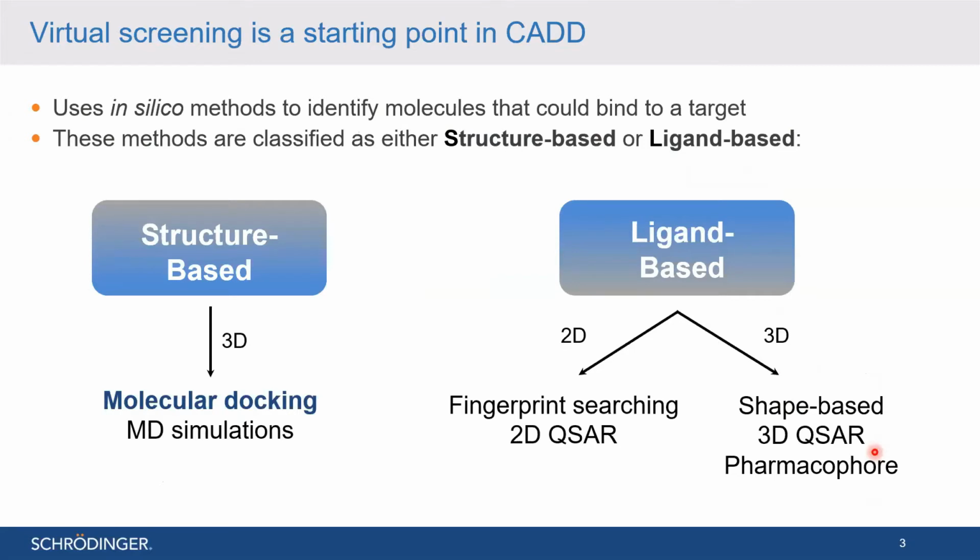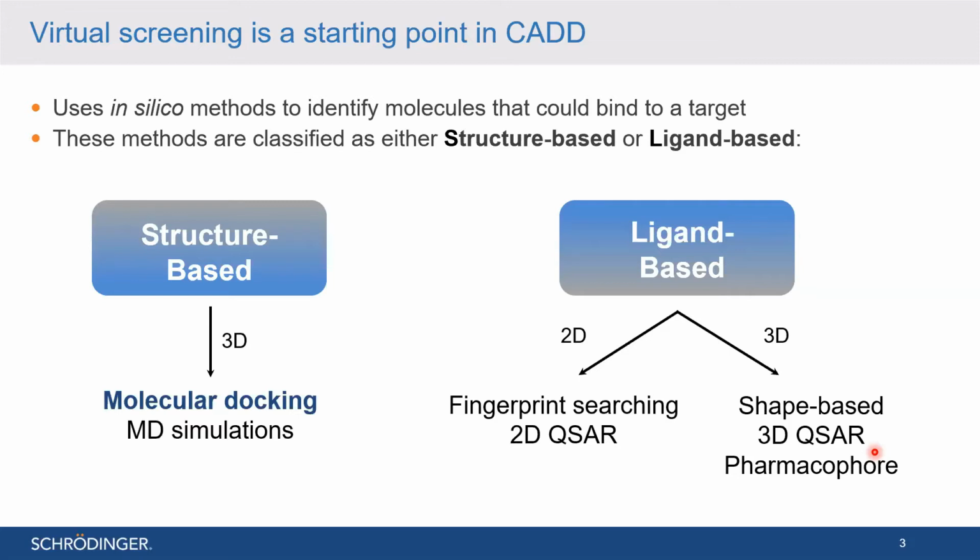But overall, when we talk about drug designing, it is broadly classified into structure-based drug designing and ligand-based drug designing. Whenever we say structure, it refers to the structure of the receptor, the structure of the lock, the structure of the protein. If you have that information available, then we can go for structure-based methods like molecular docking and molecular dynamics simulations.